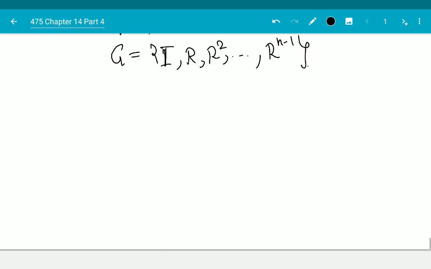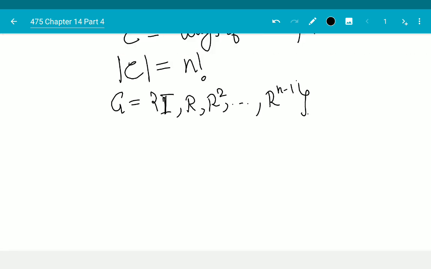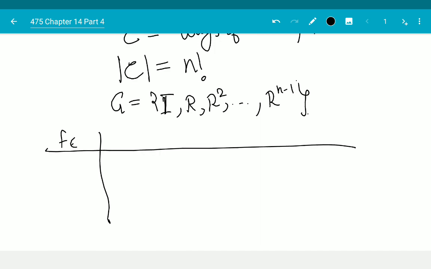Let us look at how many things are fixed by a rotation. How do I do this? Right. For F in G, C of F, and order of C of F. Well, the identity permutation fixes how many?